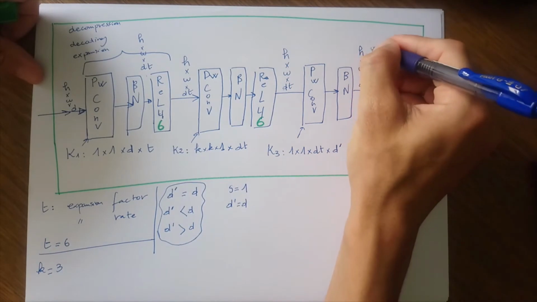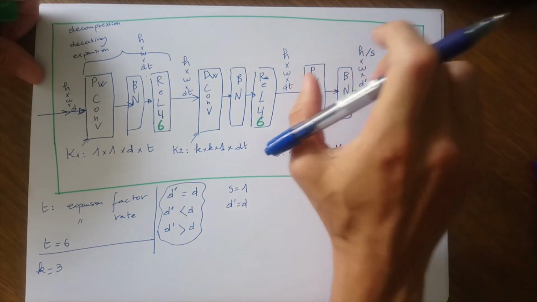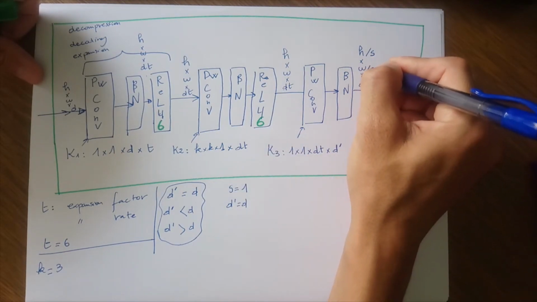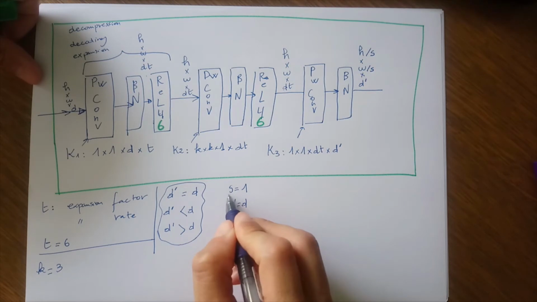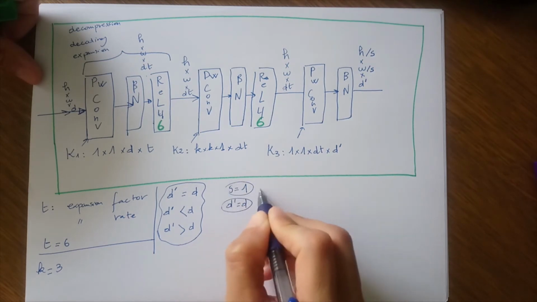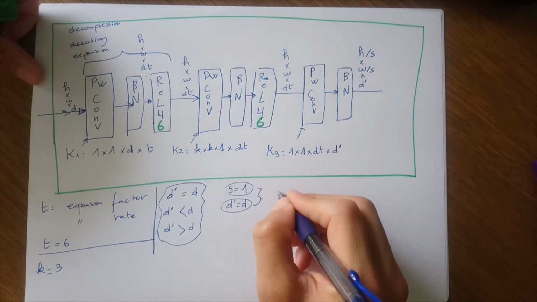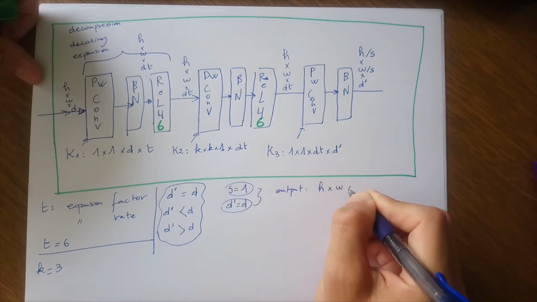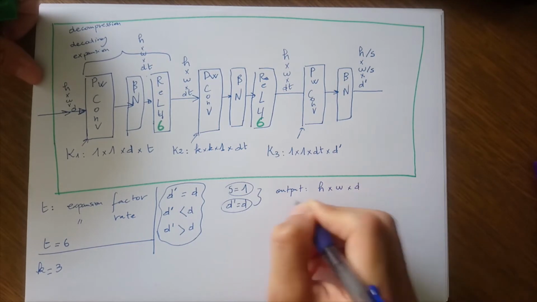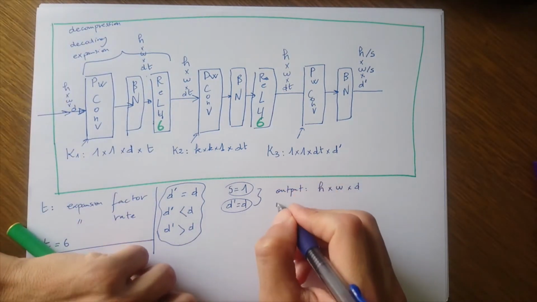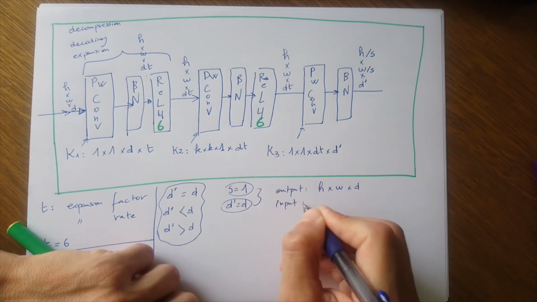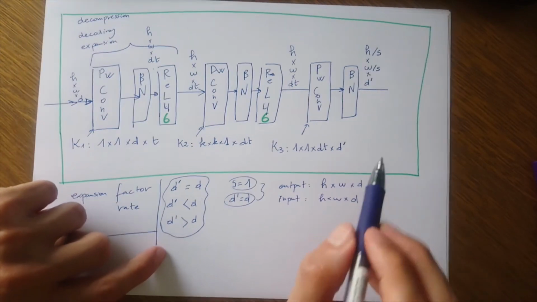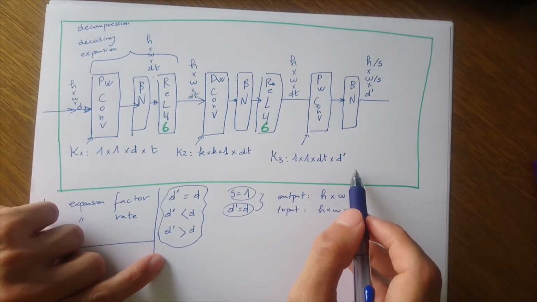Normally this should be divided by S, because the stride is performed at this layer, and this is d prime. So in this case, if we have a stride of 1 and d prime equal to d, then the output has the following dimensions: h, w, and d. So it's the same as the input. In this particular case, the authors use a residual connection.